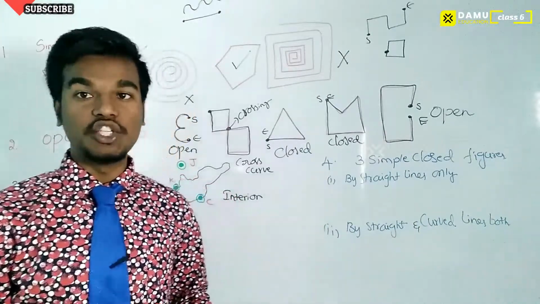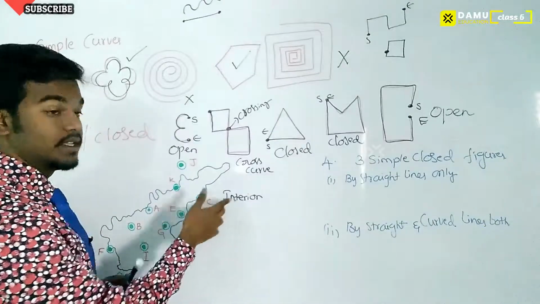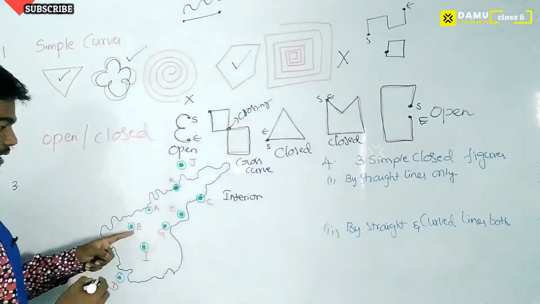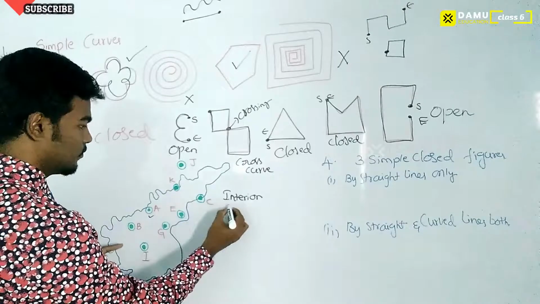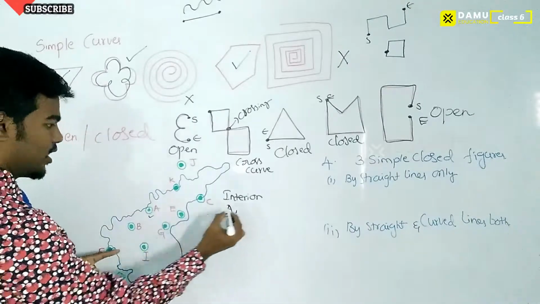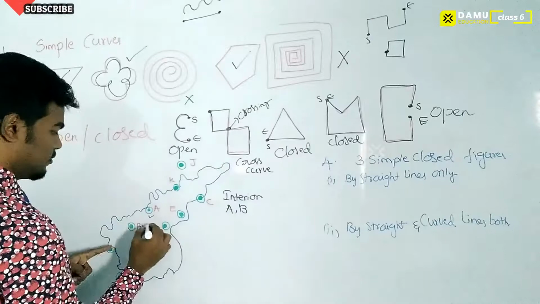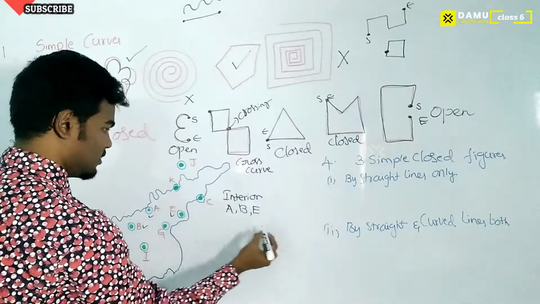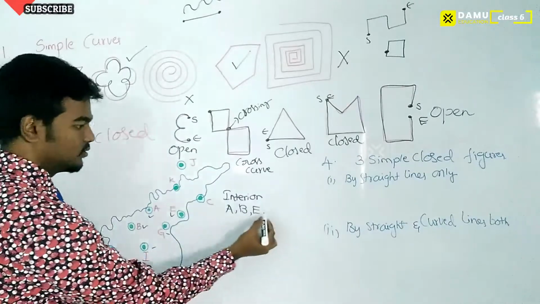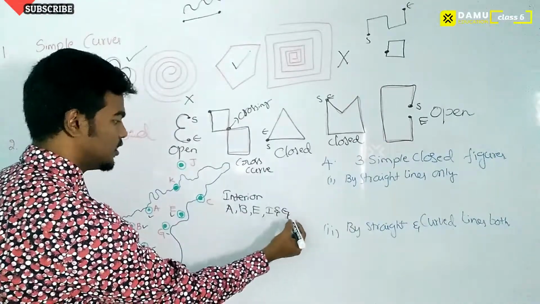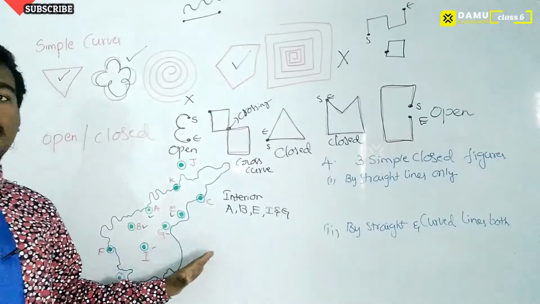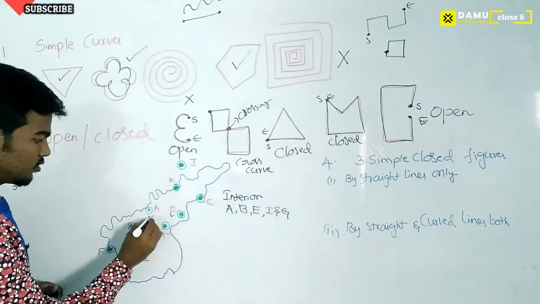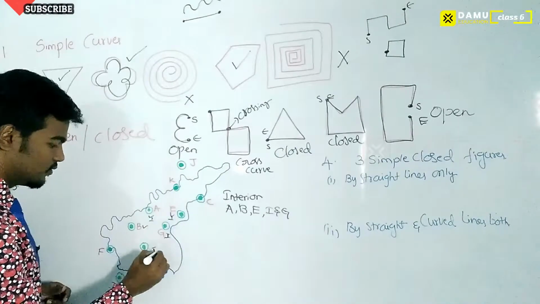Inside means interior points. So what are the inside points? Point A, then point B, then point E, then I and G. These are the points which are inside of the given region.